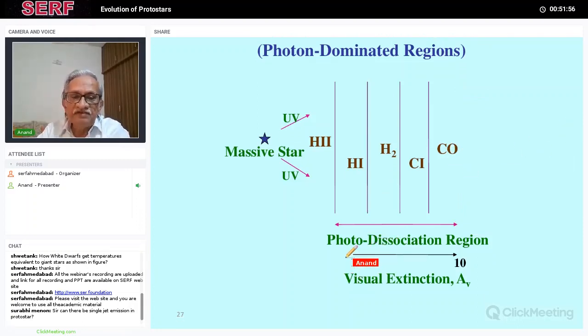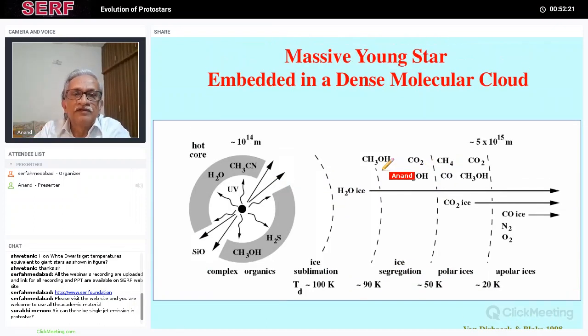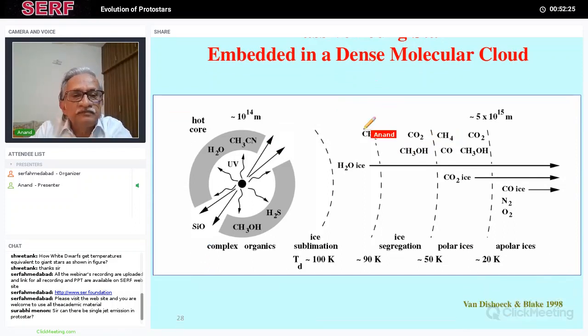Now the visual extinction from this region to this region out there is about 1 to 10 magnitudes in the visual. Okay, so it's very thick. So you don't see the radiation in the visible light because of this extinction. Extinction actually can be much larger, as I have said, 100 to 200 in the visible region. So even in the infrared, it becomes very difficult. Now this is an embedded massive star in a dense molecular cloud.